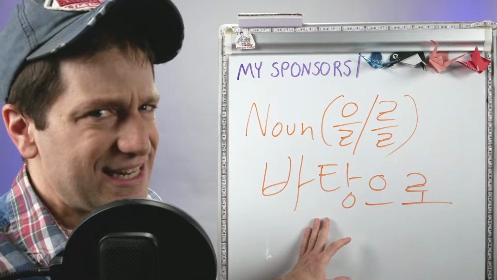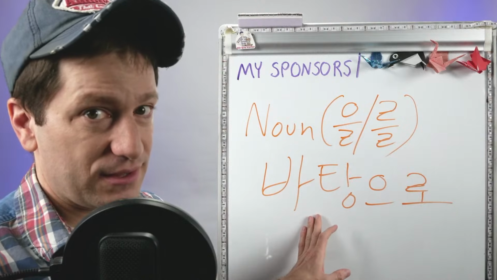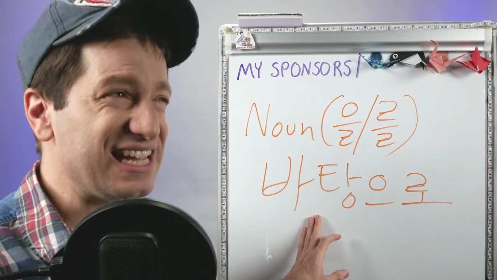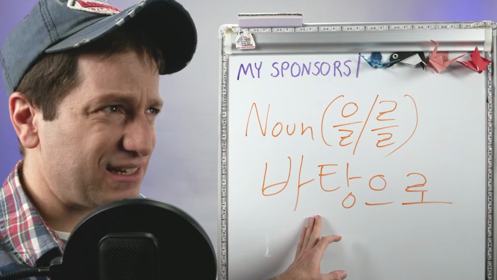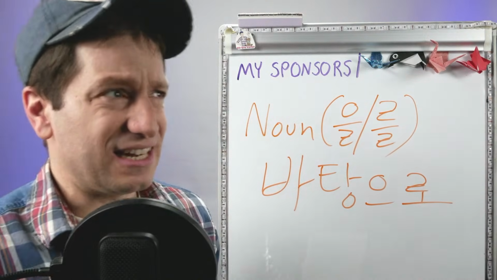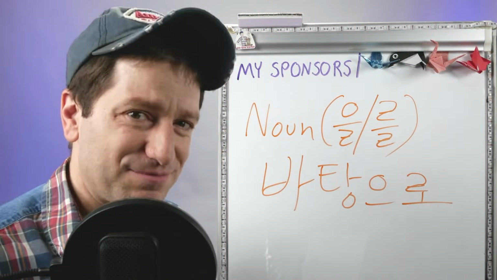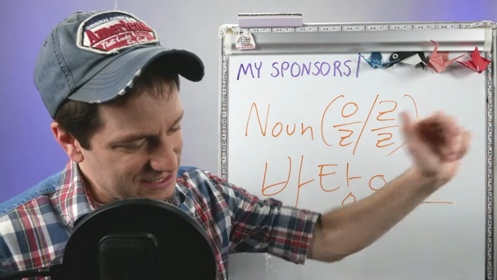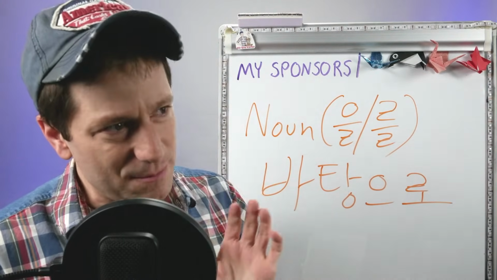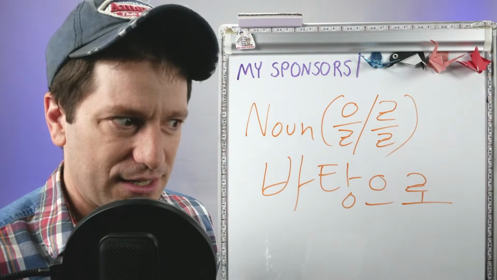So, what is this going to end with? If you're saying something based on something, you're going to say something you did based on something. Like, I did something based on something, or this is a something based on something.